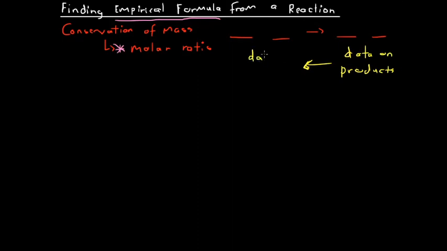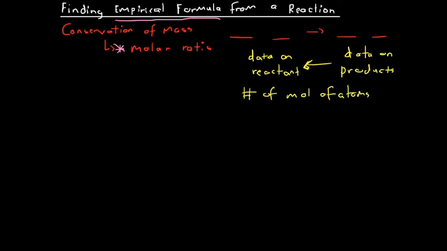However, in this case, rather than finding the number of mole of a specific substance, we're using the number of mole of specific atoms to allow us to calculate the empirical formula. So this is all about number of mole of atoms.